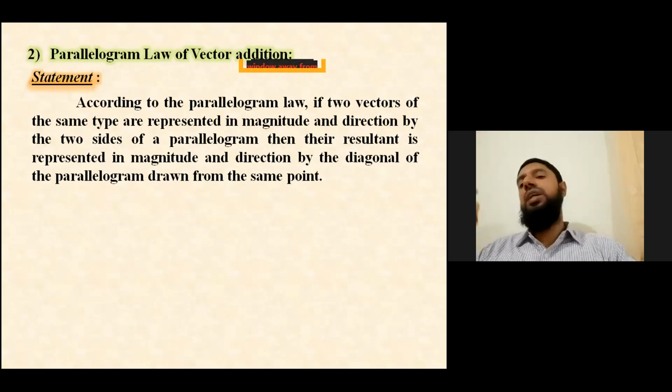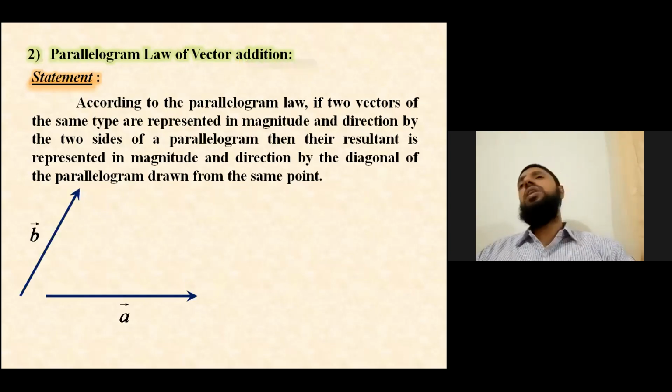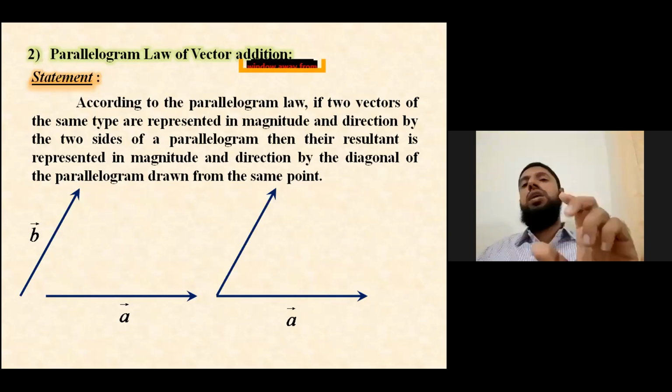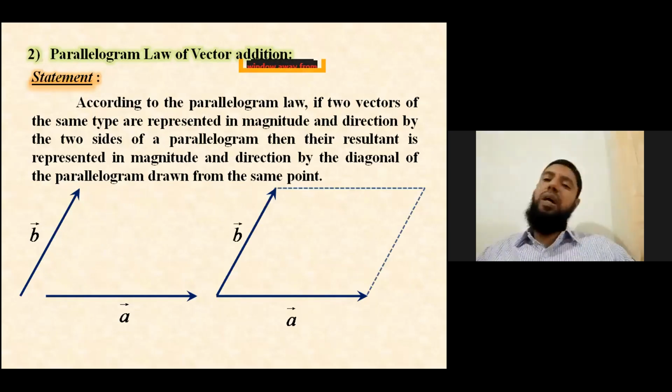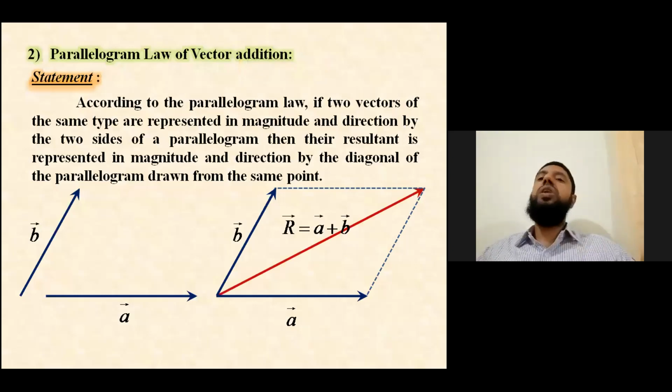Now here I'm having two vectors, vector A and vector B. If I arrange the two vectors to have the same initial point, and draw a parallelogram in such a way that these two vectors represent the adjacent sides, then the diagonal drawn from the same initial point represents the resultant in magnitude as well as in direction.